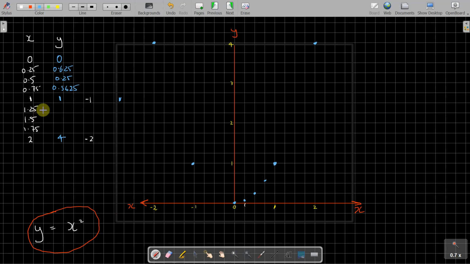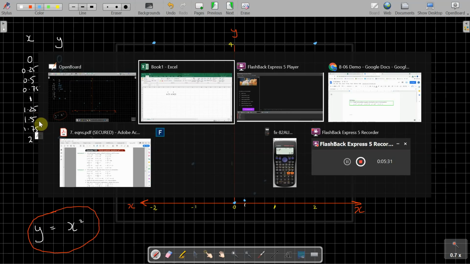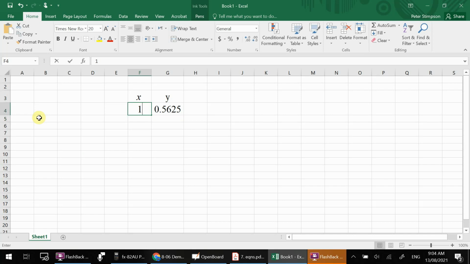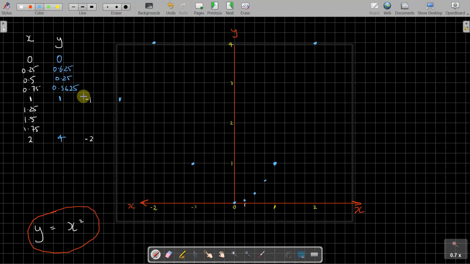Let's see what happens with these numbers bigger than 1. 1.25 squared is 1.5625. Okay, so 1.25.